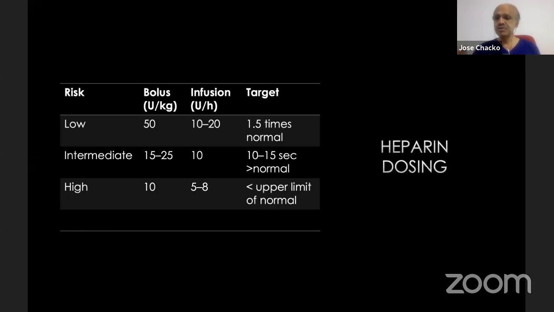If you need to stop it, if the filter clots, for instance, in the middle of the night, the dialysis will come to a standstill. You need to set up a new circuit. You need a person who's quite adept with doing this in the middle of the night.